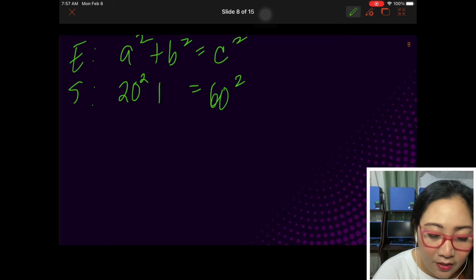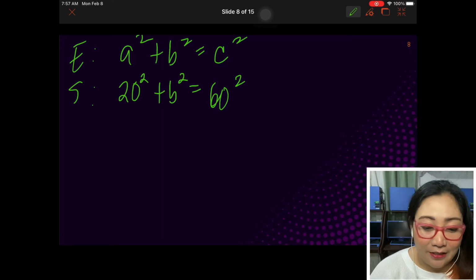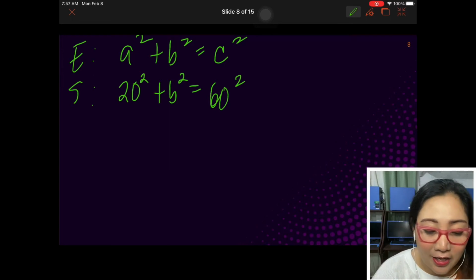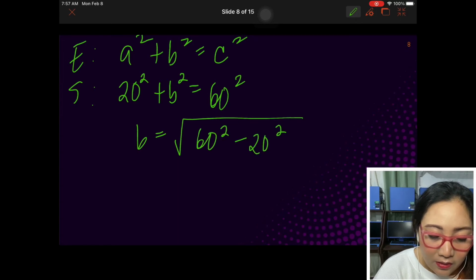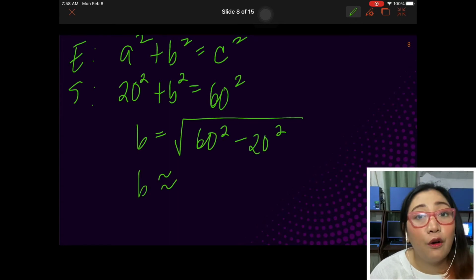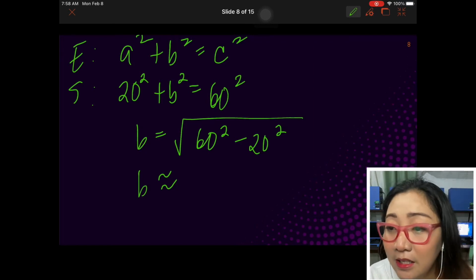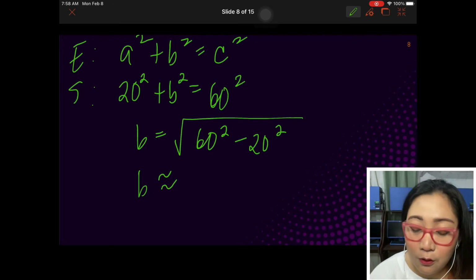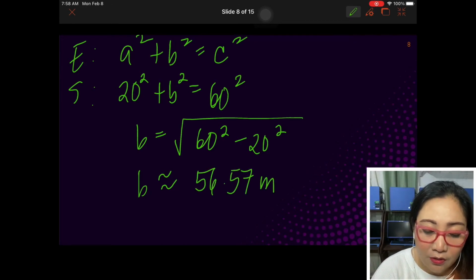And we are looking for our b squared or yung pathway. So, let's just rearrange our equation. So, simple lang po ito. This is 60 squared minus 20 squared. So, ang ating distance, or yung b na hinahanap natin, is going to be approximately, if we're going to solve this, it's going to be approximately 56.57 meters.